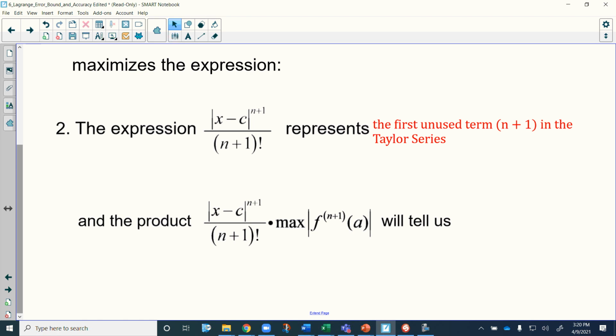And the product of the expression times the maximum of the absolute value will tell us a safe upper bound for the next degree term's derivative at x equal to a.